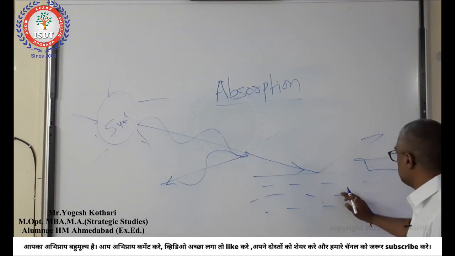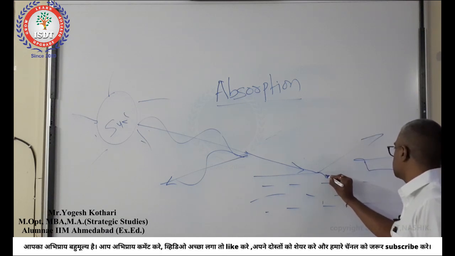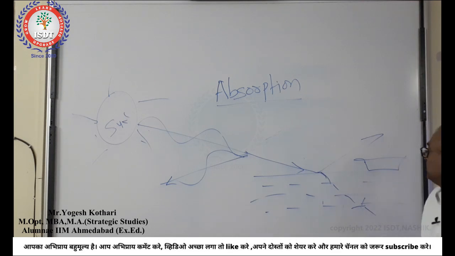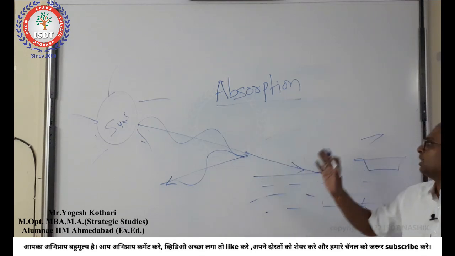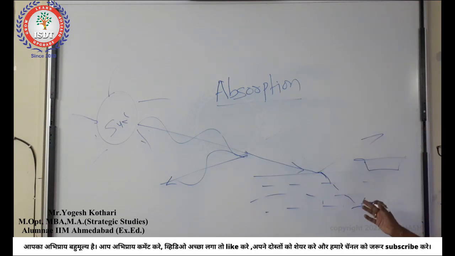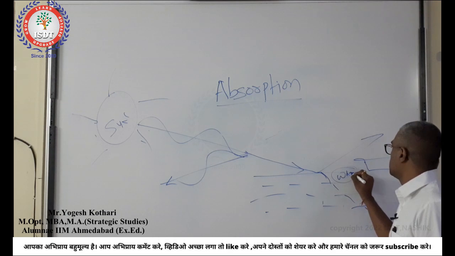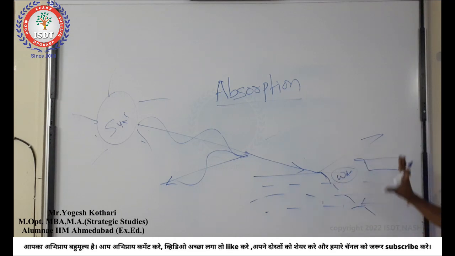When you look down to a certain level, you can see this light refracted. And if the climatic temperature is high, you will see this water is a little bit warm. So what is happening here?